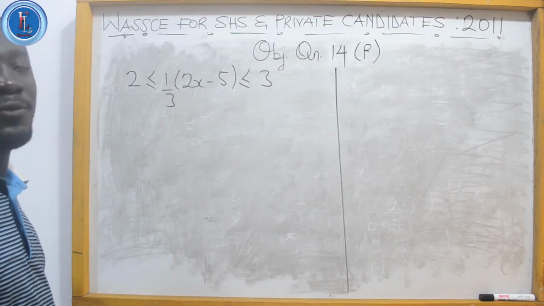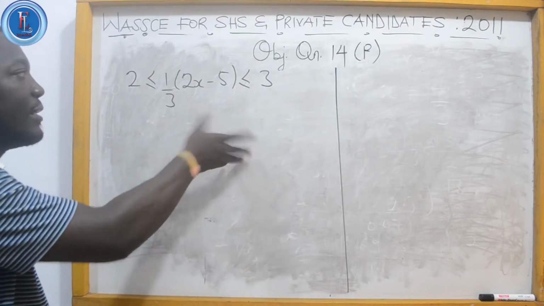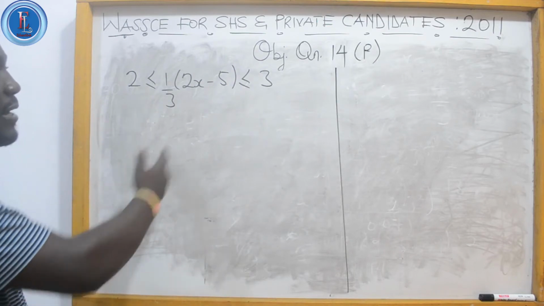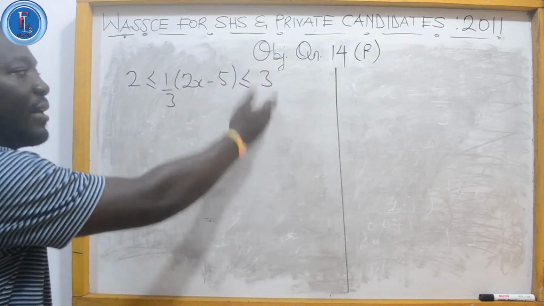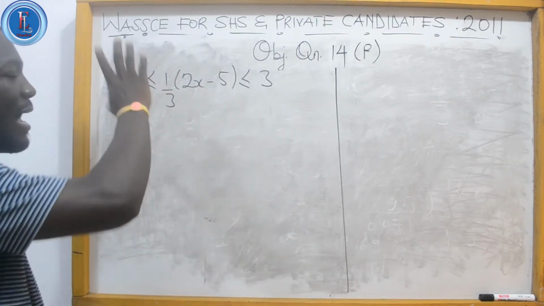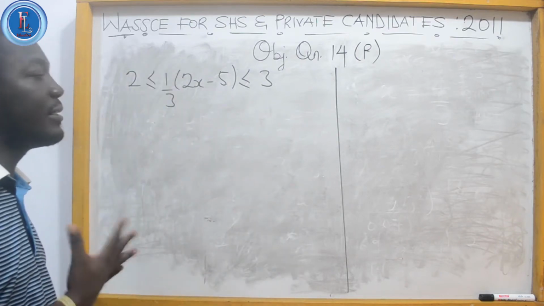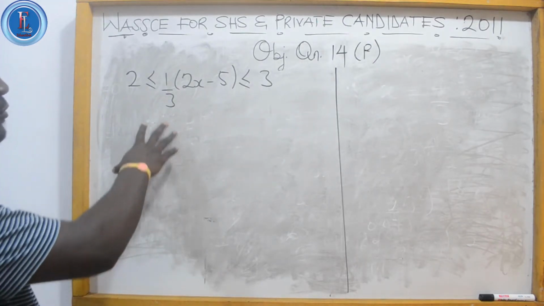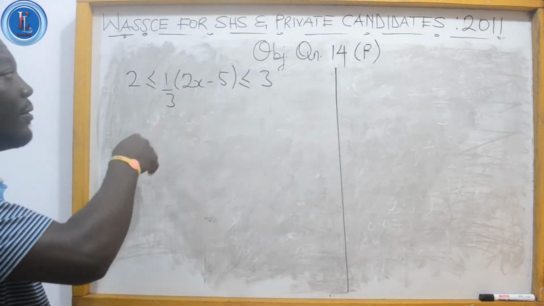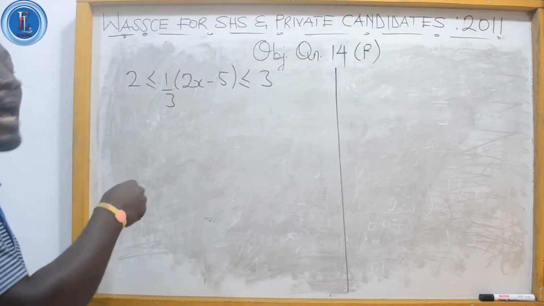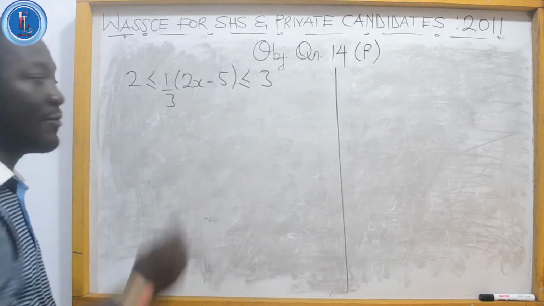Now, in such a question where we have two inequalities, we have 3 sides. There is one side, another side, and also another side. So we treat this as sides instead of treating them as terms. So the first step, we have a least common denominator of 3, or a least common multiple of 3. So we multiply through the sides we have.